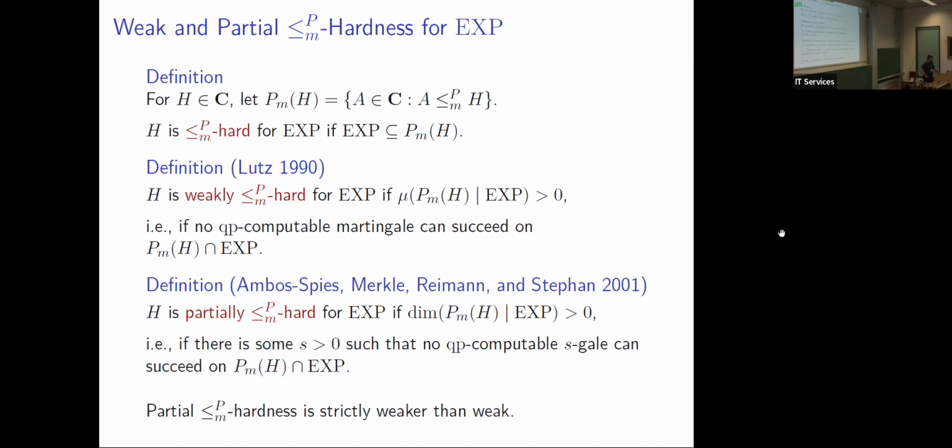So what if we have that H is partially hard for exp if the dimension of Pm of H within exp is positive, meaning that there's some positive S such that no QP computable S scale can succeed on Pm of H intersect exp. Okay, so that's a strictly weaker notion than weak hardness.